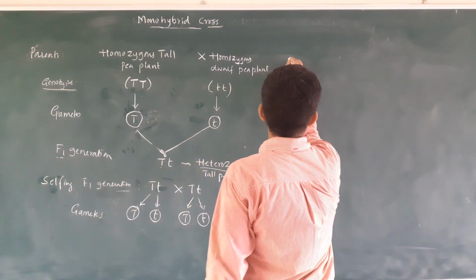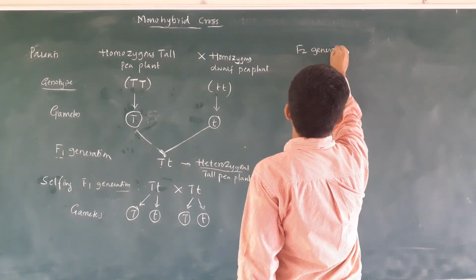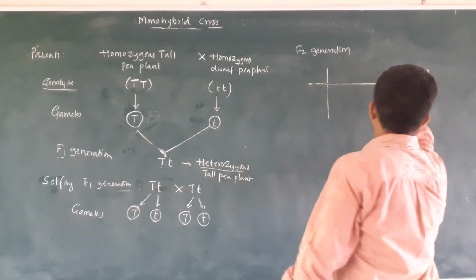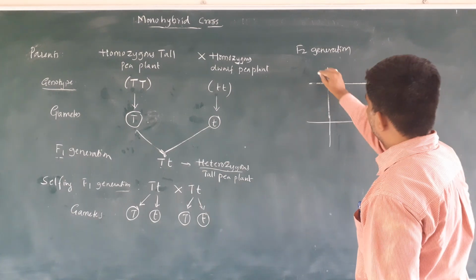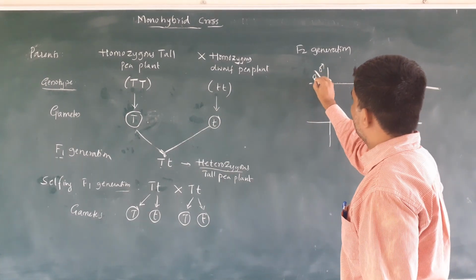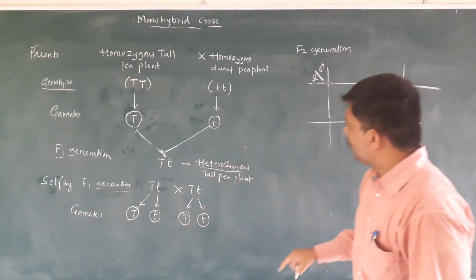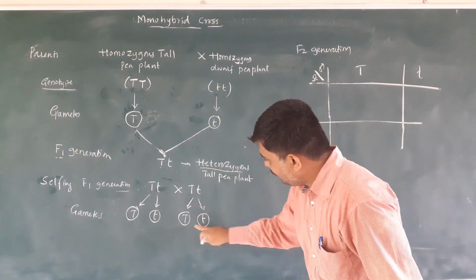Then in the F2 generation, you get a checkerboard. Here is the sign of male and here is the sign of female. I'm taking these two gametes over here and these two gametes over here.